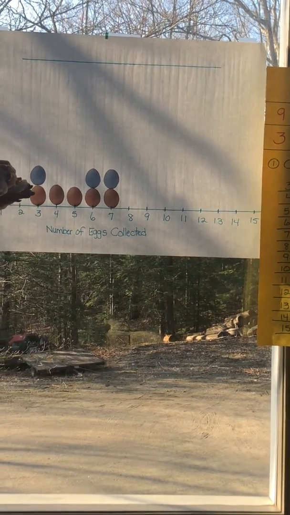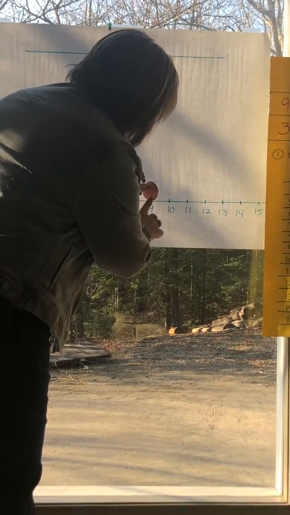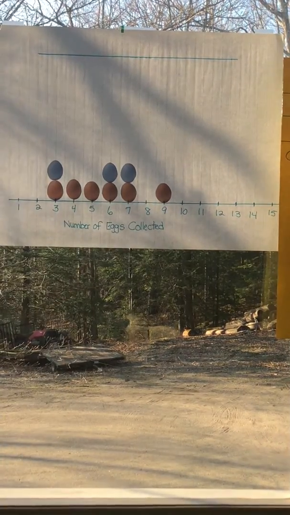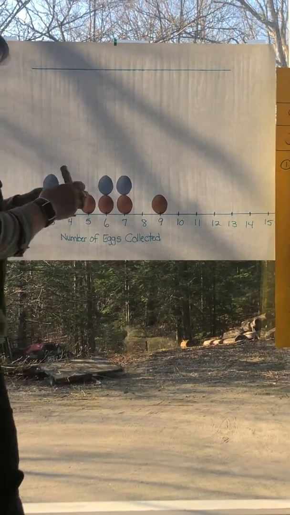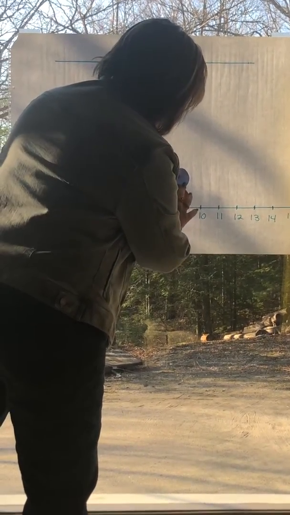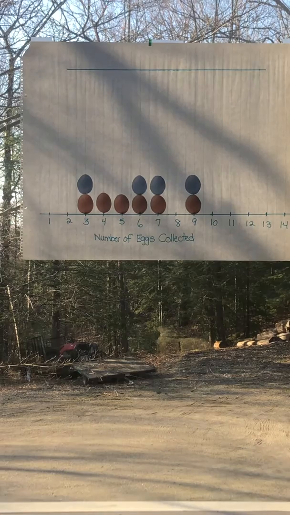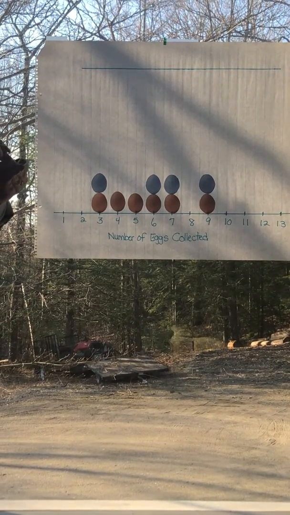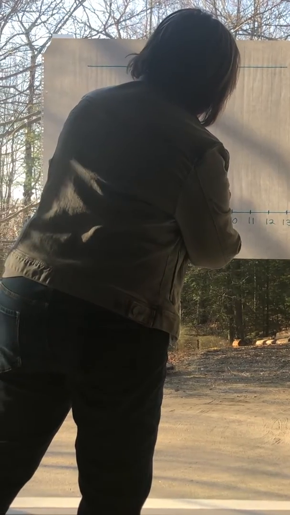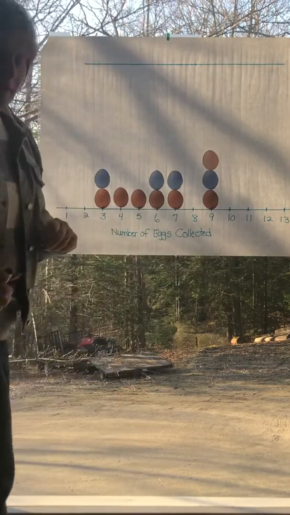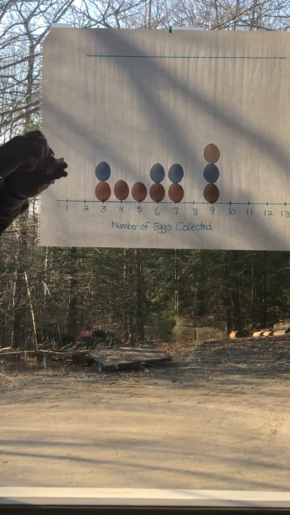And so I'm starting with my 1 day color egg, and then my 2 day color egg, and then I have a 3 days, and finally 4 days that 9 eggs were collected.